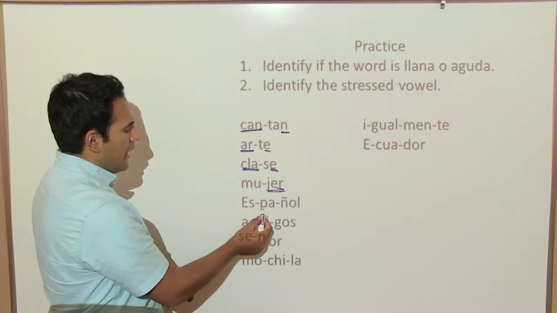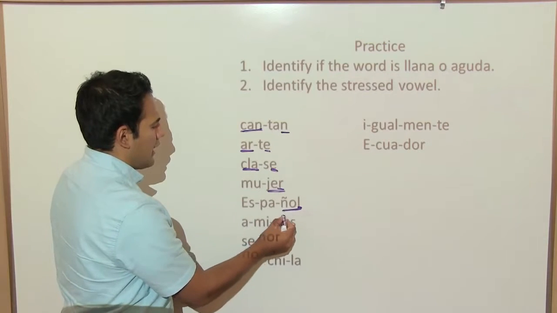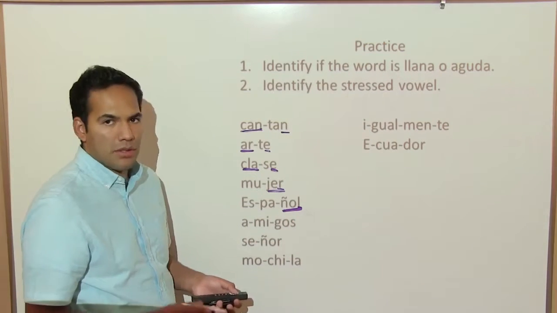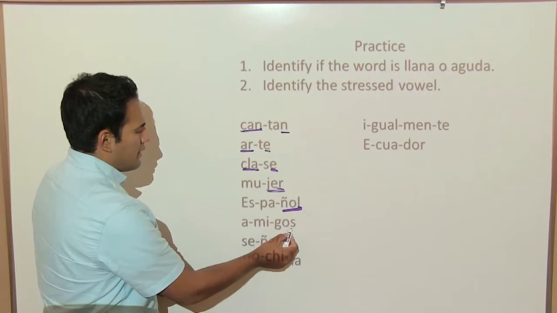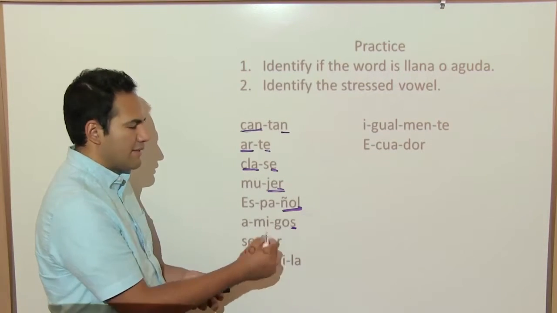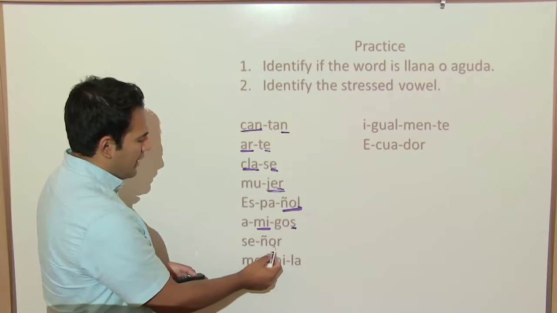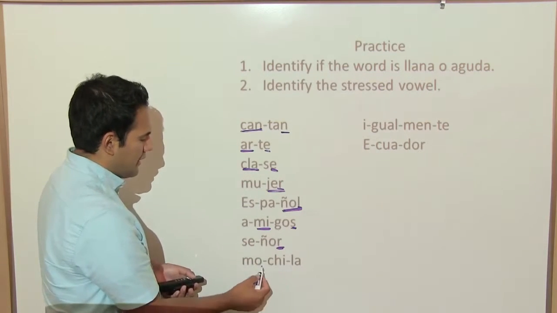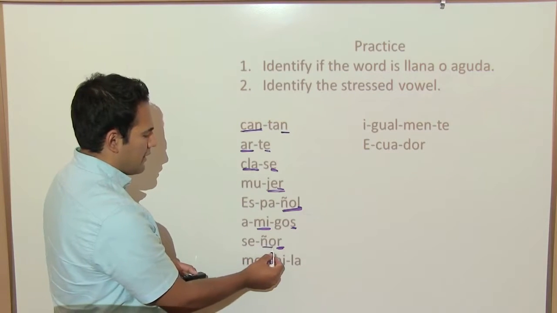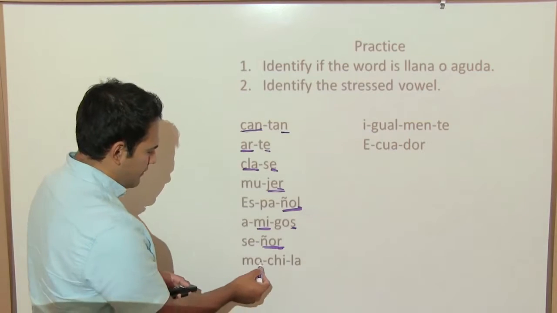The next one, español, ends with a consonant, so we're going to put the stress on the last syllable, español. The next one ends with an S, so the stressed syllable is the second to last. So right here, amigos. The next one ends with a consonant, so the stress is going to be on the last syllable, señor.